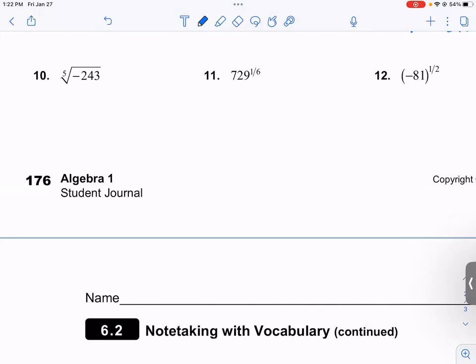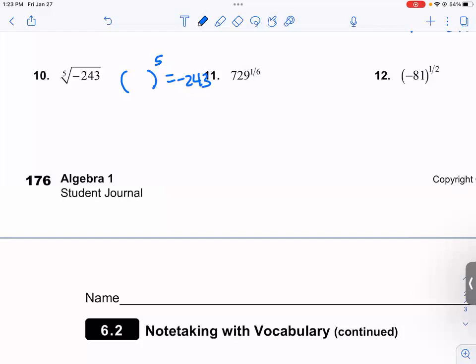Okay, so here we go. I know a lot of people want the shortcut. Here's the deal: I'm not going to show you how to do any of the roots on your calculator until after this chapter, but I will remind you that this caret is the exponent button. In number 10, you need to know what number to the 5th power equals -243.